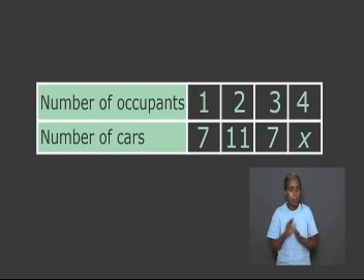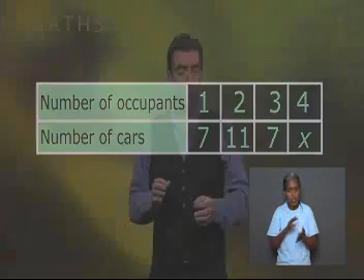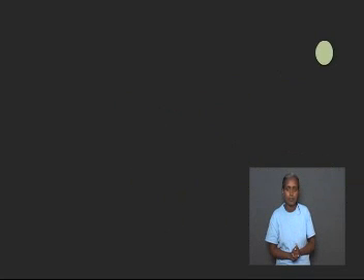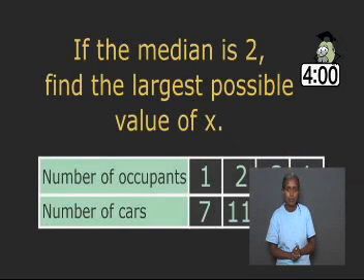Given what you have just learned, try to find the largest possible value of x if the median is 2. Please go ahead, students. Students, let's get ready. Begin.